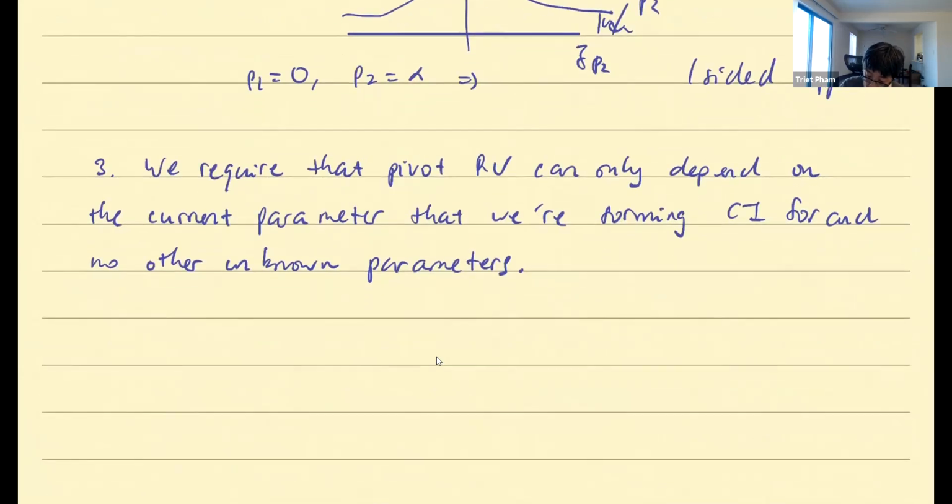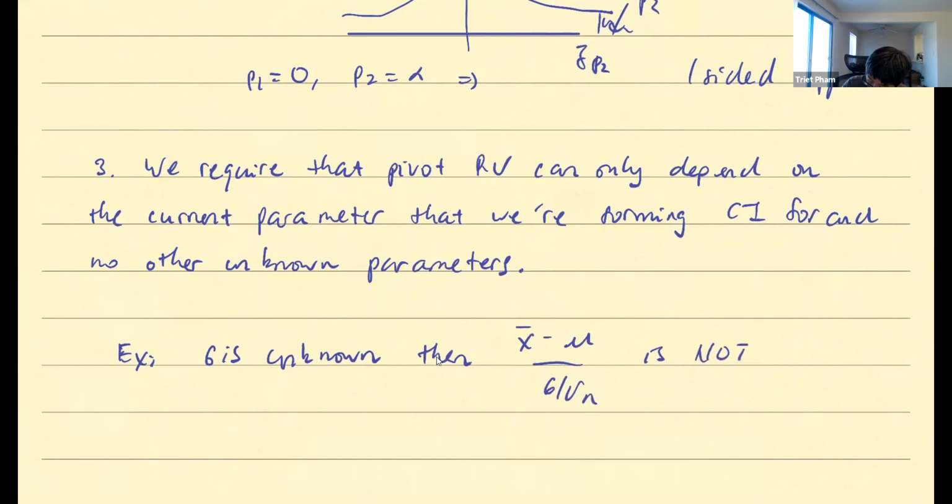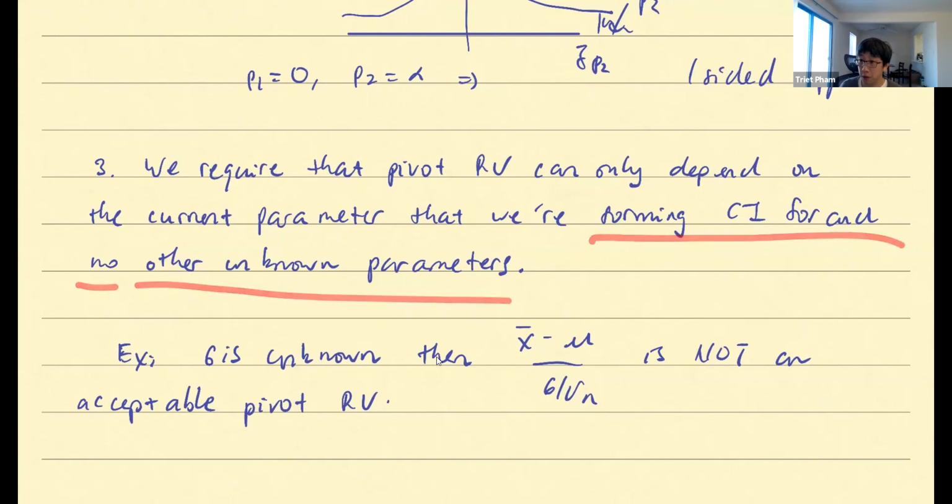But for example, if sigma is unknown, then X bar minus mu over sigma over root n is not an acceptable pivot random variable. Is that okay? Any question?